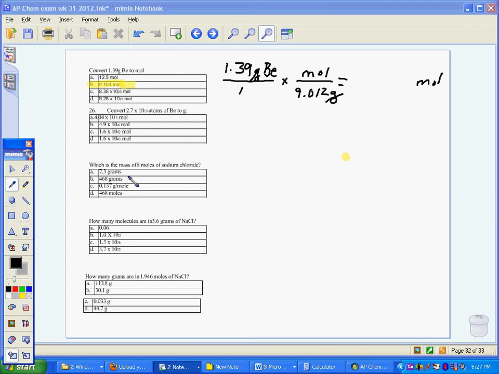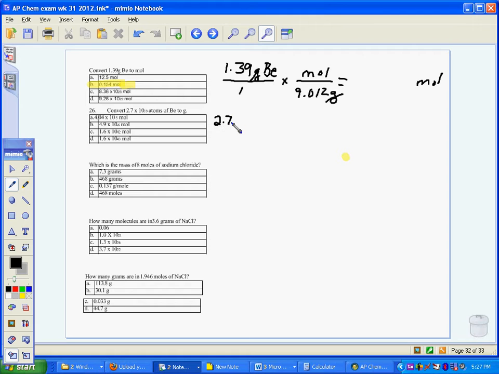Okay, the next one, I'm going to start with what I'm given. 2.7 times 10 to the 18th atoms of beryllium to grams.